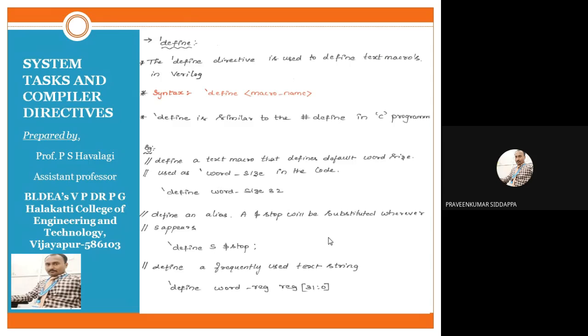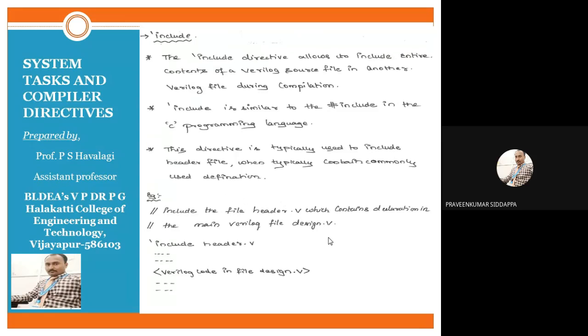Okay, so next we will move to the next compiler directive, that is tick mark include. I think tick mark include is similar to hash include, which you have written in your C language. Here the tick mark include directive allows including the entire contents of a Verilog source file in another Verilog file during compilation.